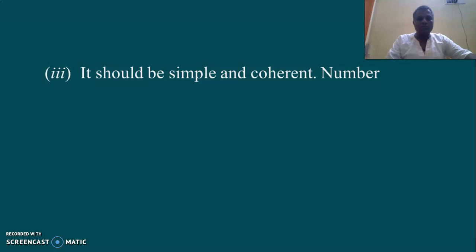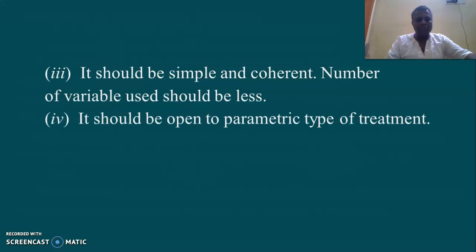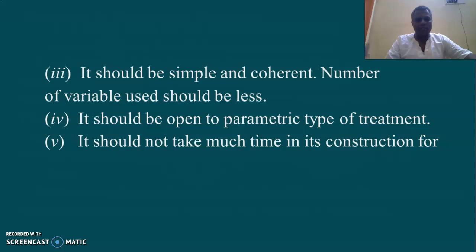It should be simple and coherent. The number of variables used should be less. It should be open to parametric type of treatment. It should not take much time in its construction for any problem.